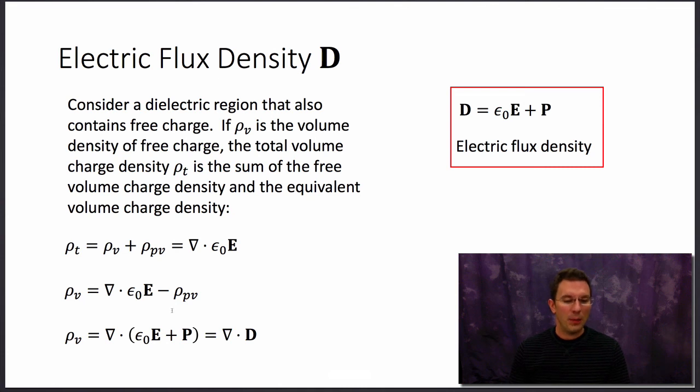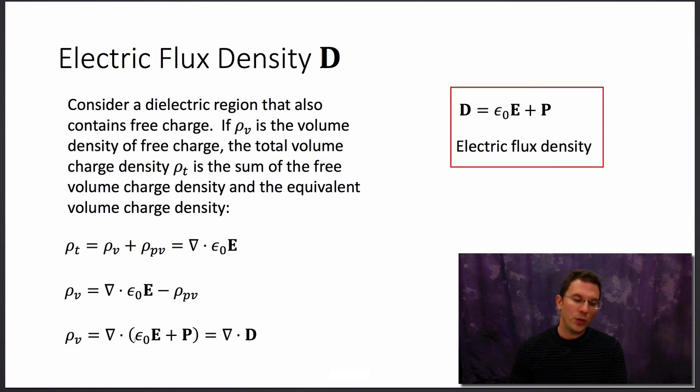And then if you remember, we have an expression for this equivalent charge density, which is equal to minus the divergence of the polarization vector. So I make that substitution for this term here, and what pops out is that the free electron charge density is equal to minus the divergence of the free space permittivity times the electric field plus the polarization vector P.